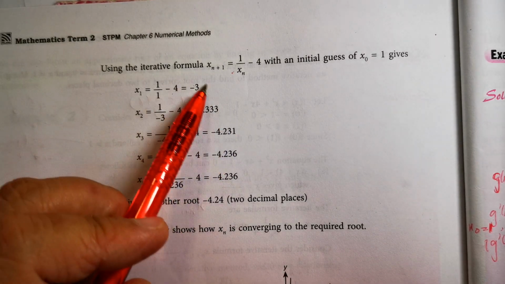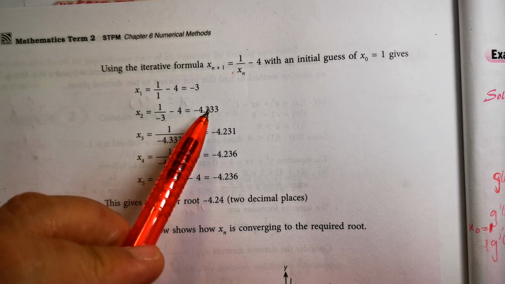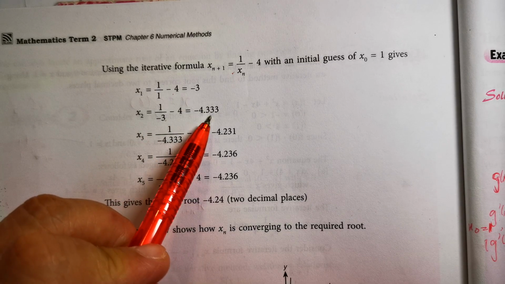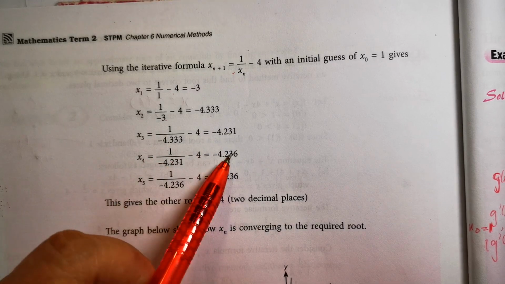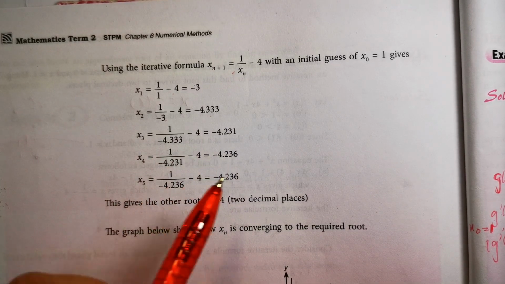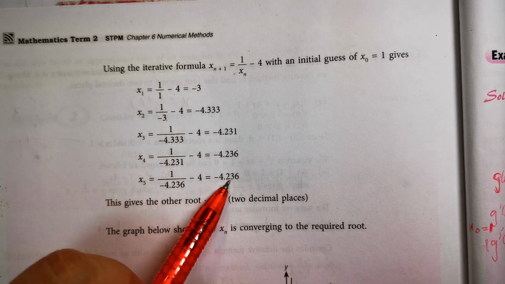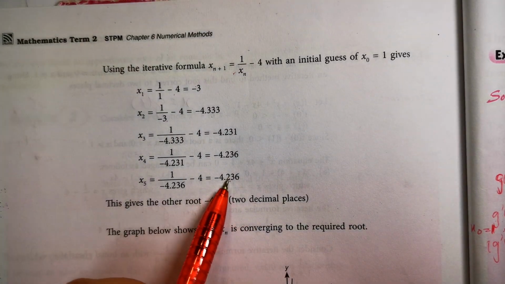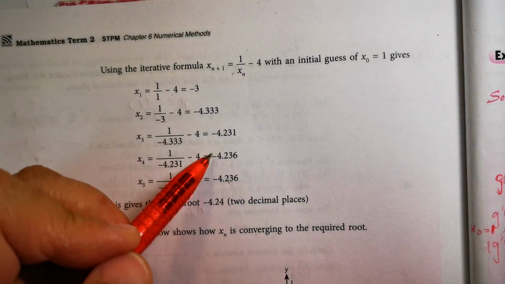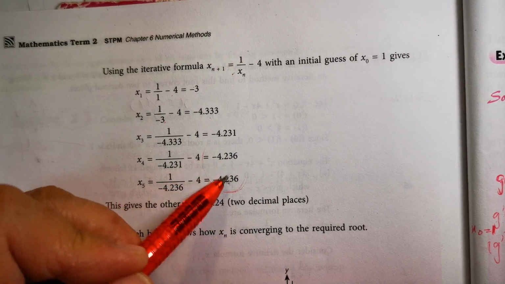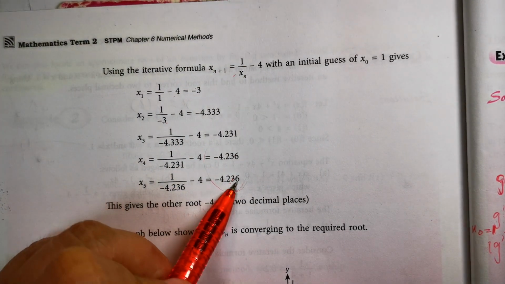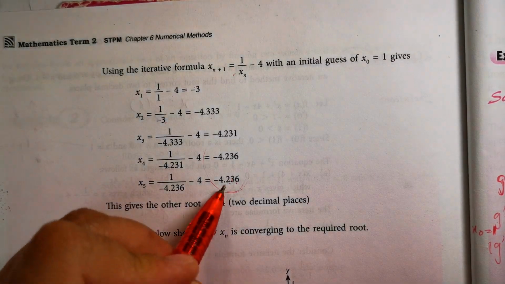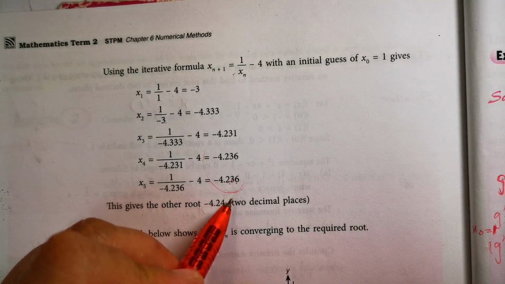Then sub -3 into our g(x) again, you get this. Then sub this one again, you get this, and again, you get this. It is approximate, so we continue until we get 2 consecutive answers which are the same, then we can stop. Therefore, the root is -4.24.